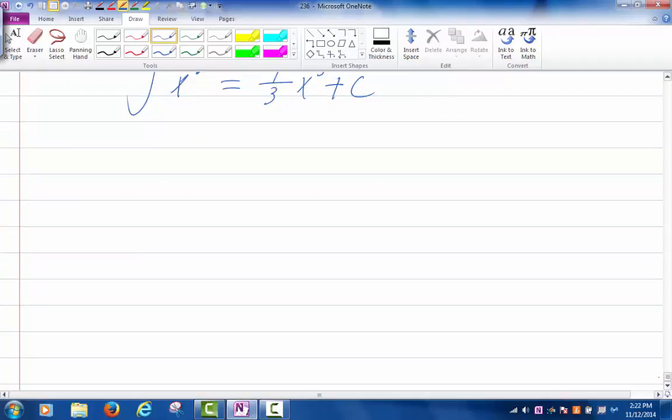Well, same reason I write d dx. When I take the derivative of x squared, why do I write d dx? Why don't I just write d without the dx?